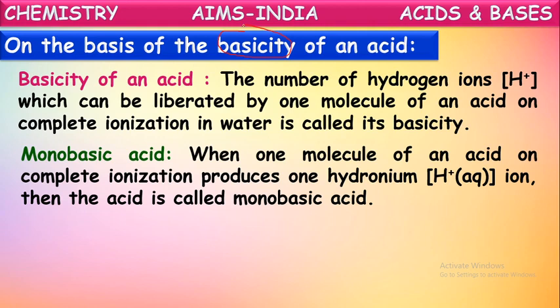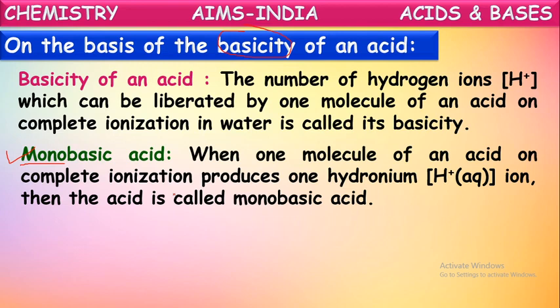So based upon this basicity, acids are classified into different types. Out of them, the first one is monobasic acids. We know mono means one. Monobasic acids means the acids which produce or liberate one H+ ion from their molecules on dissolving into water.